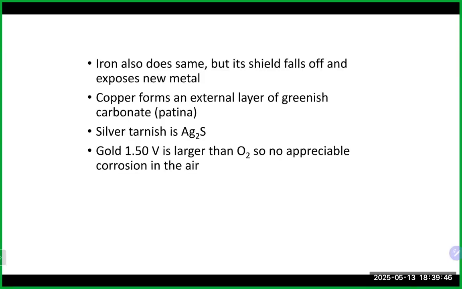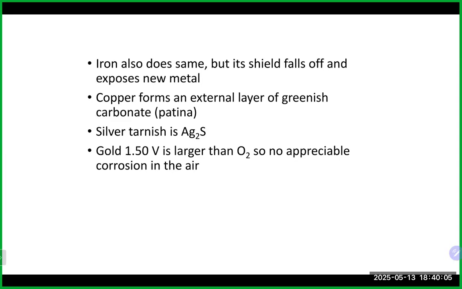Iron does the same thing, except the problem with iron is it kind of falls off. That then exposes fresh metal to go through corrosion. And before you know it, you've rusted through your piece of metal, right? You just crack it. Although you could pay a lot of money for patina, and that was copper, right? Making that kind of greenish color as it goes through corrosion.